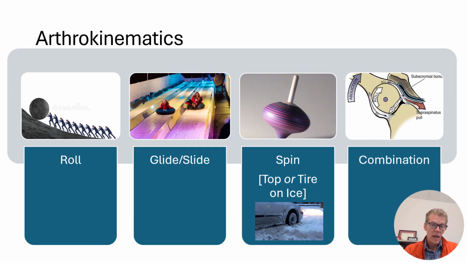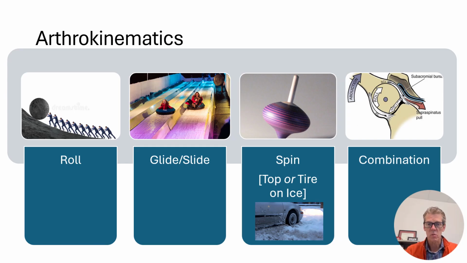Spin is the third kind of motion that we describe, and this could be two different ways, which we'll talk about as we get into the specific joints. You'll learn about which type of spin is happening. The first one would be like a top spinning on a table, right? So one point of contact, the top, is spinning on the second point of contact, the table.